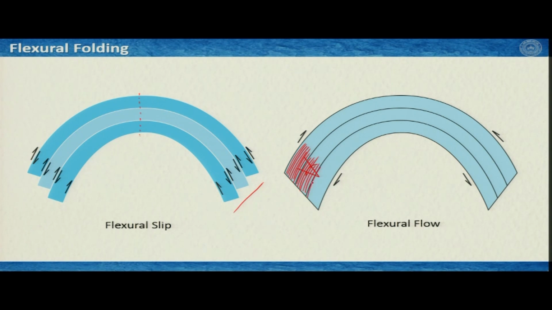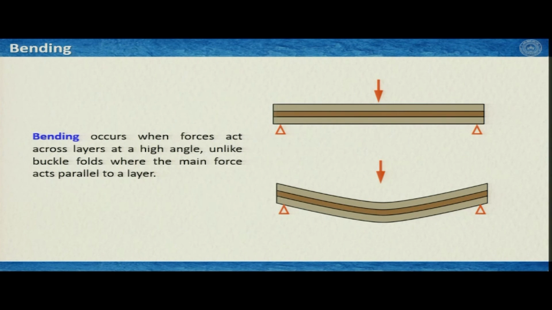Approximately, if individual lines like the pages of a book start slipping, then you can figure out that if you have a straight line, this red one, then it rotated due to deformation, due to shearing of individual sheets, to a certain angle, and this angle defines what the strain at the limb is. So, the entire limb is under shear, not the individual layers and so on, but again in this case at the hinge the shear strain is 0. So, now we learnt what flexural slip and flexural flow are. The next one we take up is bending.